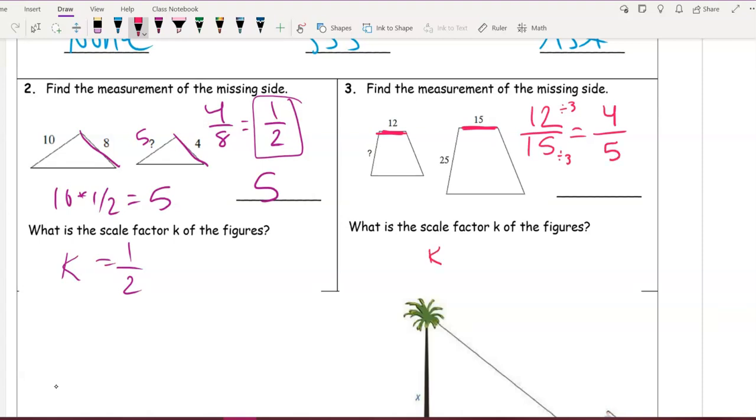So our k factor is 4 over 5. Then we take that k factor and multiply it by 25. 4 over 5 times 25 equals 20. And that was our missing side.